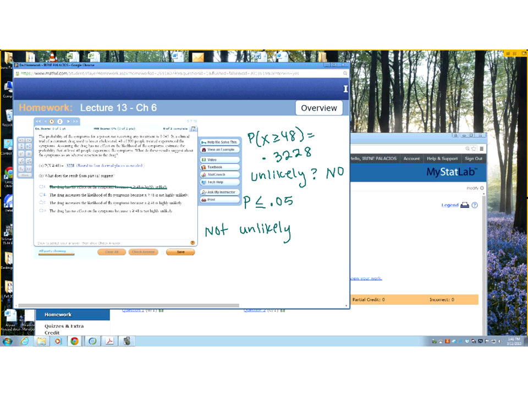So the drug is not having an effect on flu symptoms. The fact that 48 or more people are going to get the flu is not an unlikely event. If it was an unlikely event, then there's something going on with that drug.